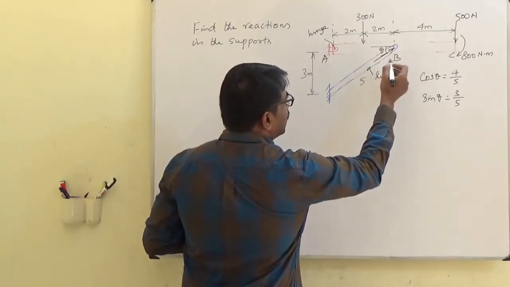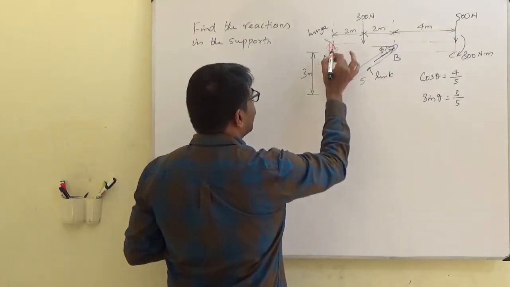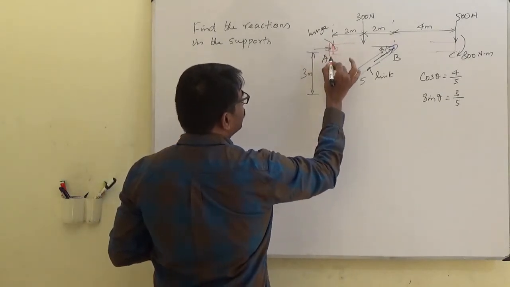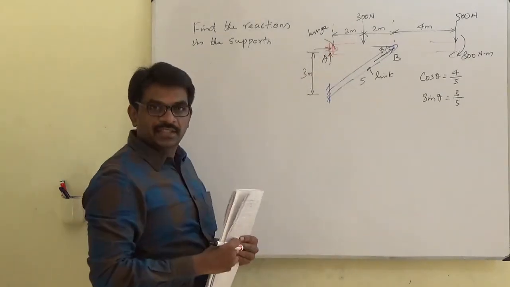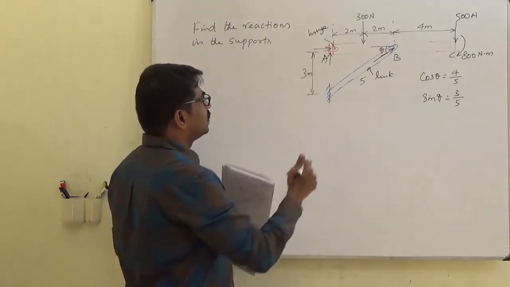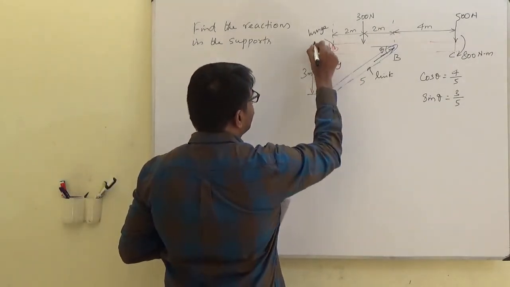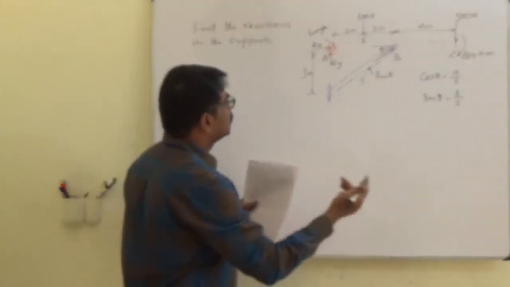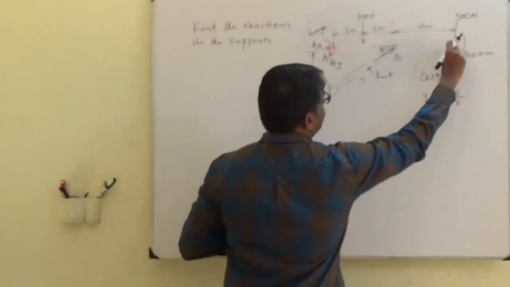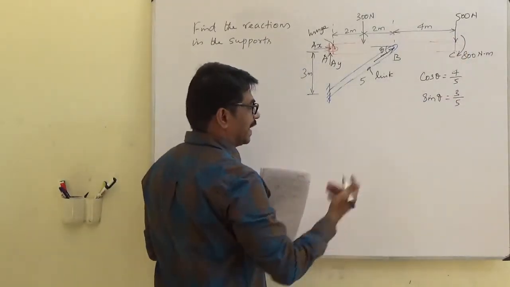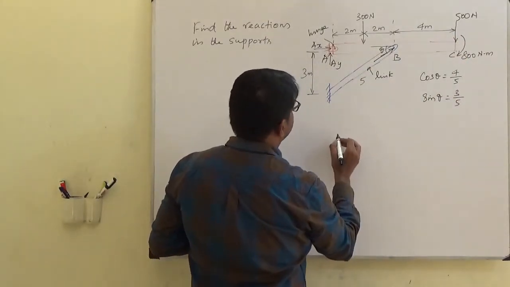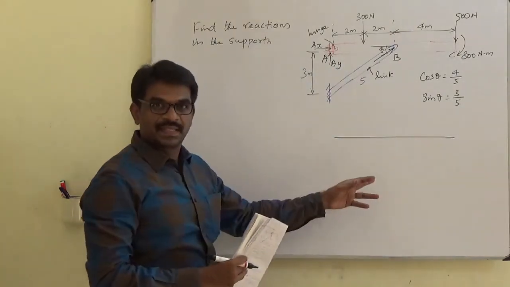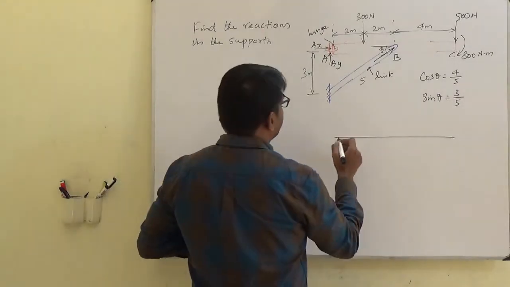So that can be called as B. And at A, we have two reactions, X and Y. So I can name it AY and AX. So let me draw the free body diagram more clearly. So this beam, this height can be neglected. I am just drawing that as a line, beam as a line.